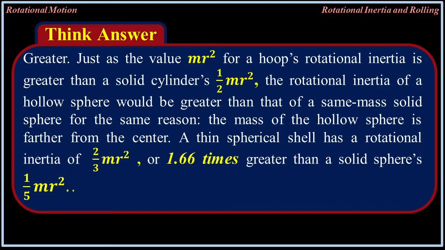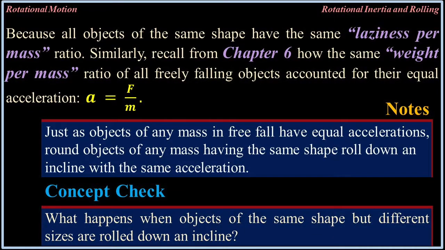A thin spherical shell has rotational inertia of 2/3 mr squared, or 1.66 times greater than a solid sphere's 2/5 mr squared. All objects that have the same shape have the same laziness per mass ratio.